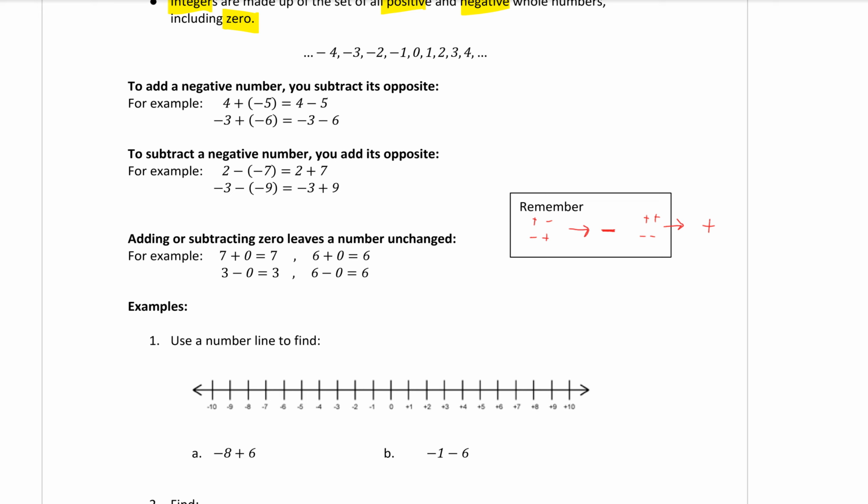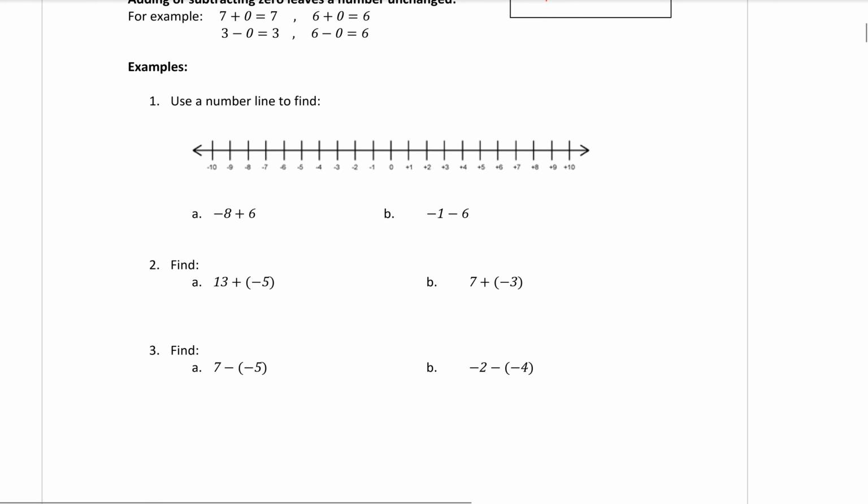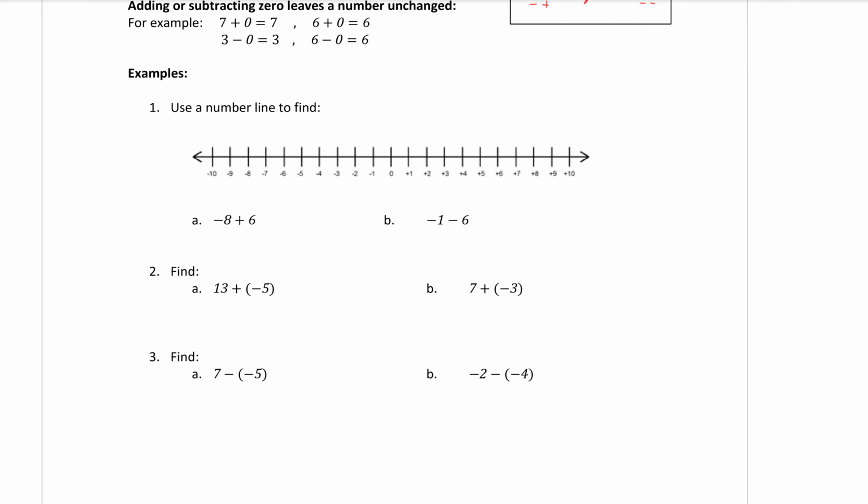Okay, so we're going to do some of them with the calculator, but we're going to do the first couple on this number line here. The first question is minus 8 plus 6. The first number, the minus 8, tells you where to start on your number line. So you find the minus 8. Adding means you go to the right, you're getting bigger.